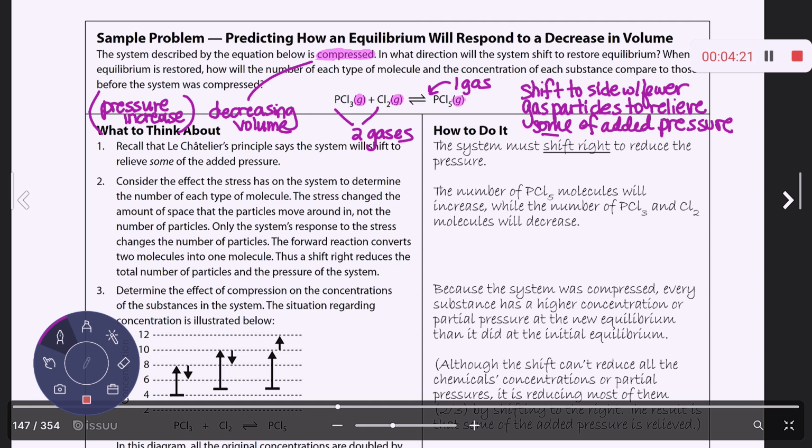Okay, so since the right-hand side only has one gas particle, we're going to shift to the right.